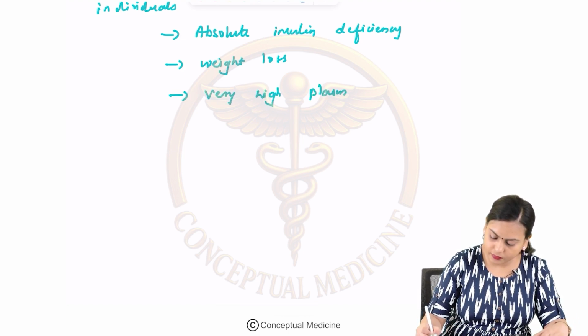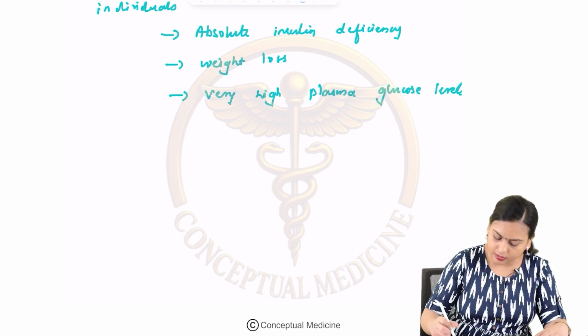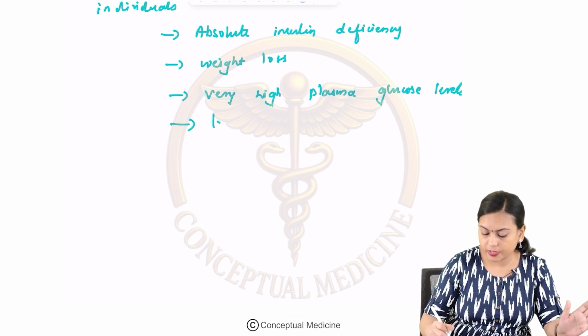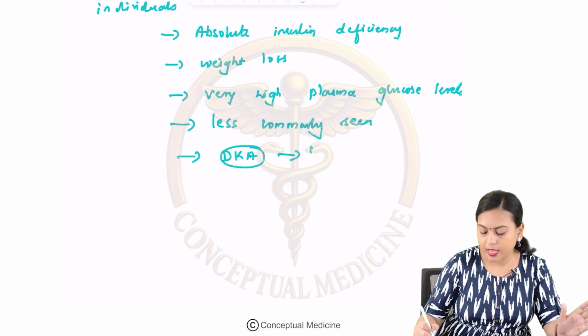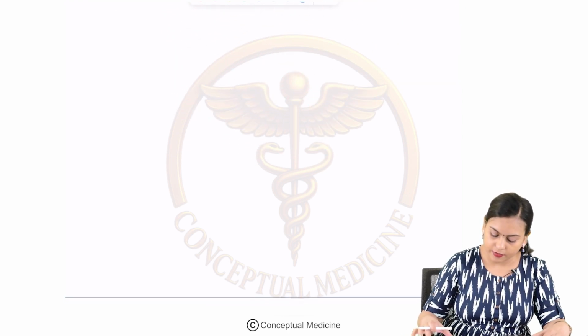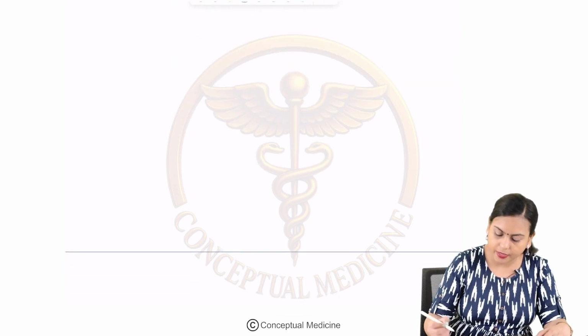Okay, but this condition is not seen commonly, so it is a less commonly seen condition, but the risk of diabetic ketoacidosis is high in these patients. Clear? Now we will go to type 2 diabetes.